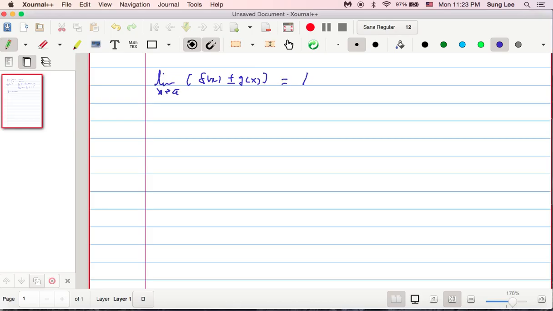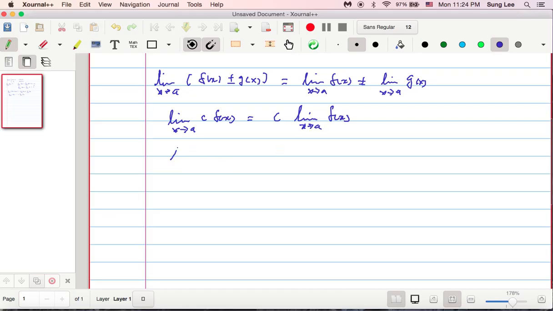So that's the limit of f of x when x approaches a plus or minus the limit of g of x when x approaches a, right? And also the limit of c times f of x, c being a constant. In that case, this constant can be brought outside of the limit, okay? The limit of f of x, x approaches a, okay?